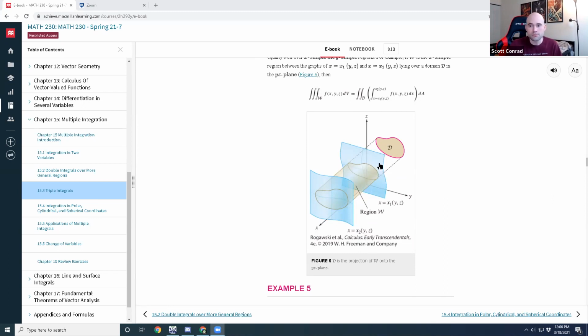Here this is x is some other function of y and z. Sorry, I got those mixed up. Here, this is where x is smaller, right here, and this is where x is larger. And then for the sides, we project this to the yz plane, and that region D, where they live, that's where we say y and z live.